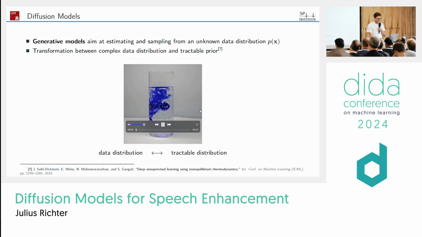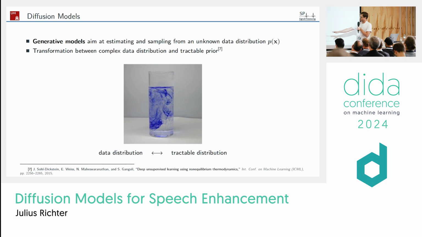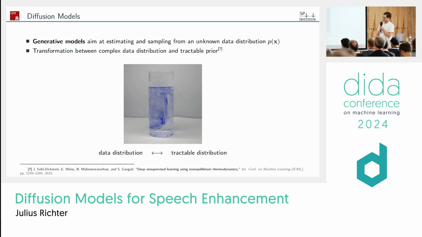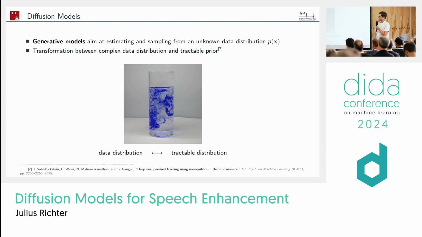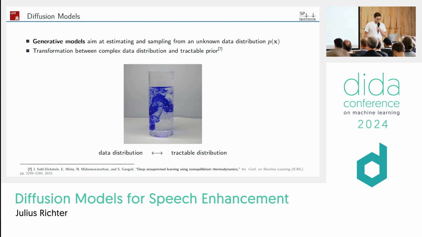And here, the physical concept of diffusion plays an intuition. So basically, you transfer from your data distribution, which are the blue molecules in the water, to a tractable distribution, which is the uniform distribution here. And if you then are able to revert this process, you basically solve the problem of sampling from this unknown data distribution.